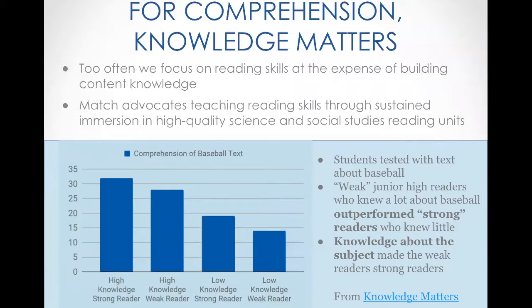But then what was interesting was that a reader who may have been a weak reader, so if we were just testing their main idea skills, may not have been strong at main idea, but knew a lot about baseball, actually scored higher than a strong reader who did not know as much about baseball. And this reinforces our idea that when kids have content knowledge, it makes them stronger readers. And so content knowledge is as important, if not more important, than teaching reading skills without background knowledge.